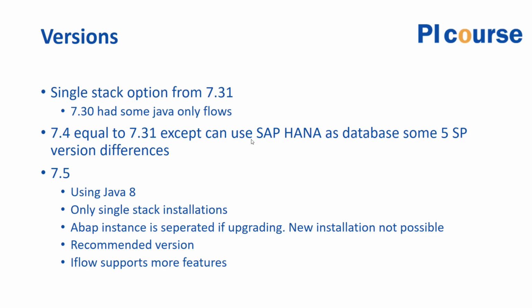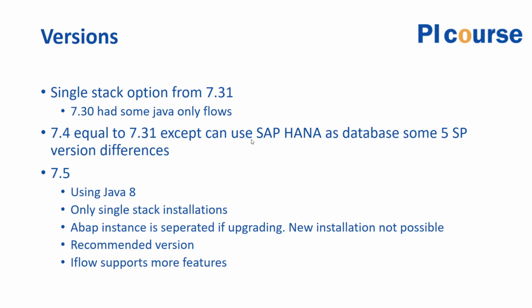7.5 was released, I think, late 2015, beginning 2016. The main difference here is it's using Java 8. I think when you're installing it, it only has a Java-only installation option.